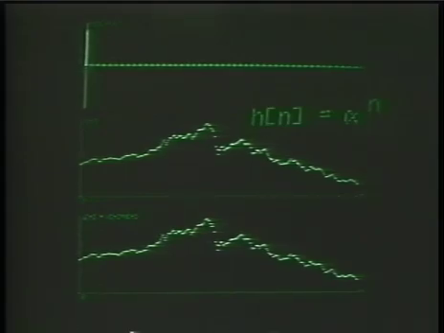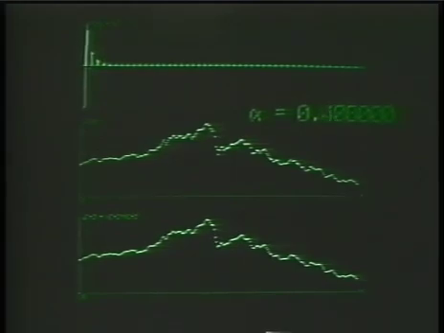What we'll want to do now is increase the parameter A, and the impulse response will begin to look like an exponential with a duration that's longer and longer as A moves from 0 to 1. Correspondingly, we will get more and more low-pass filtering as the coefficient A increases from 0 toward 1.